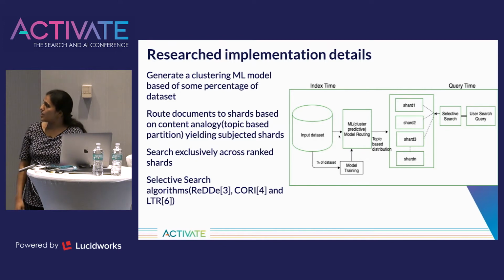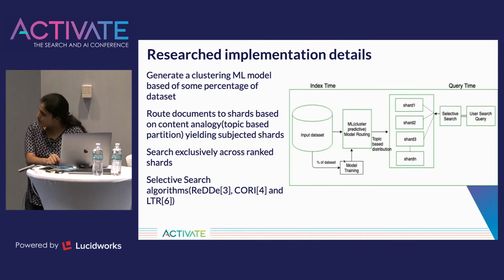So extra computation is needed to create this model, but once you have the model, the routing is just the same as how you would compute a hash. You just predict which shard it belongs to, and then pass the document to that shard. Since the model is able to tell that this document could belong to this shard, you can imagine that these are all topic shards. That's similar to the way we saw in the word cloud.